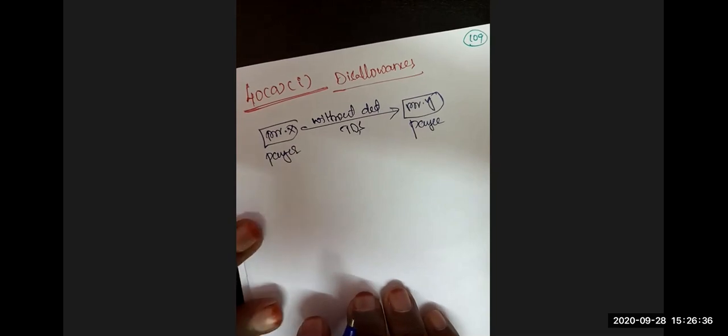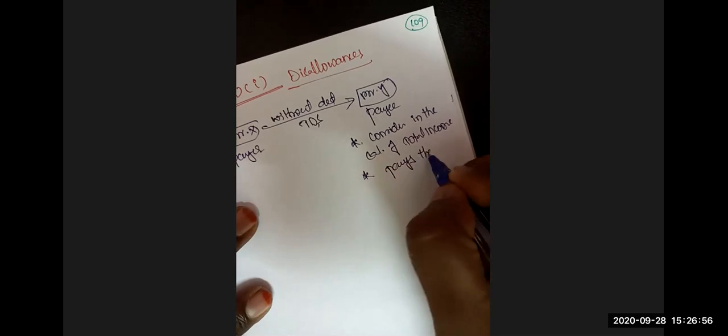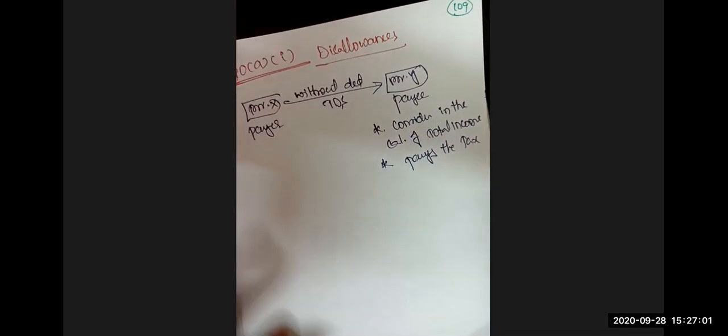But if the payee considers that amount as his income in the calculation of his total income, and the payee pays the tax on it, then there will be no default with respect to the payer.